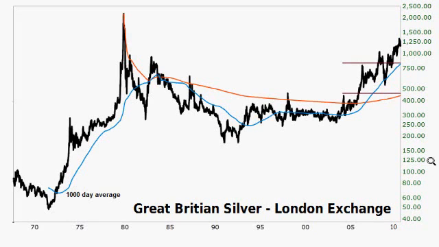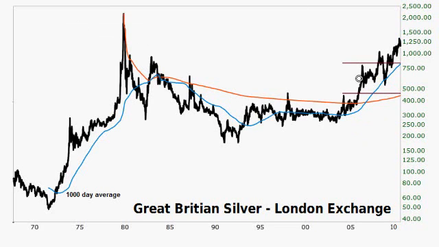Hey everybody, this is the weekend silver video, and this chart is silver priced in pounds on the London Exchange. What I like about the formation on this particular chart is that from the starting point up towards the high in 1980, it's developing a bowl-shaped formation.